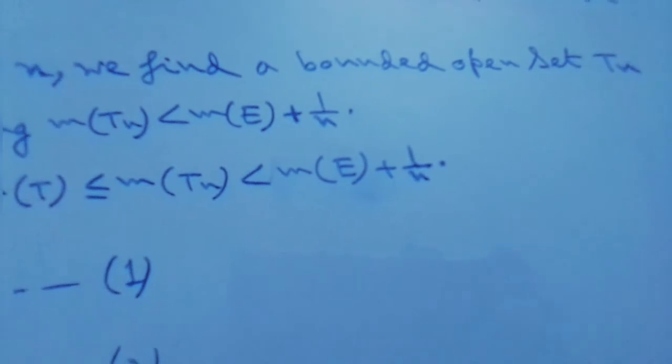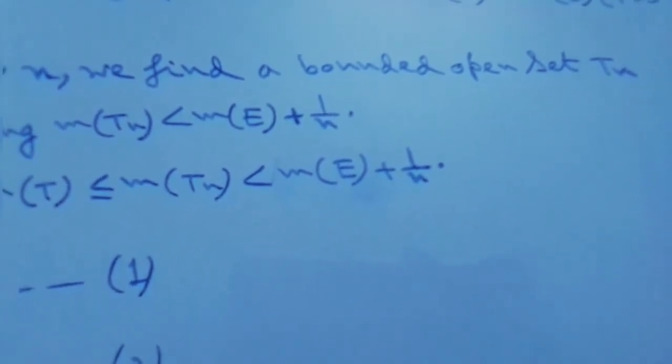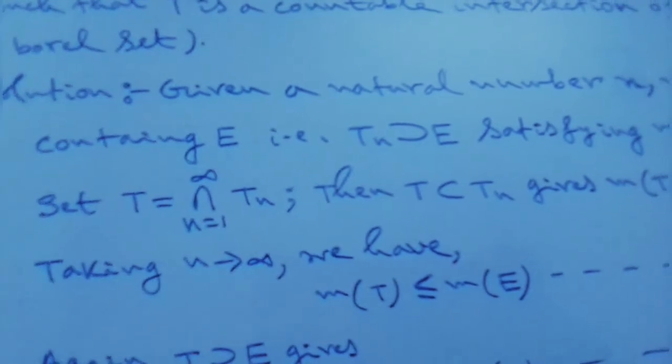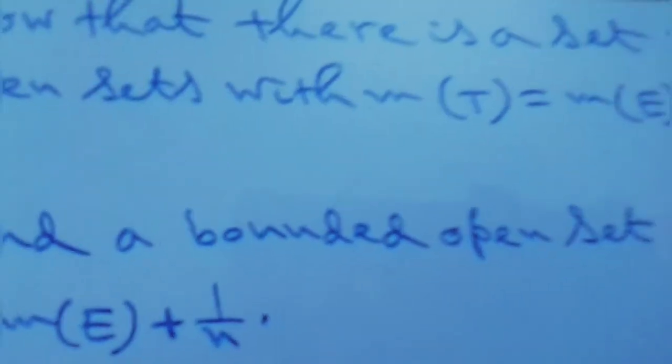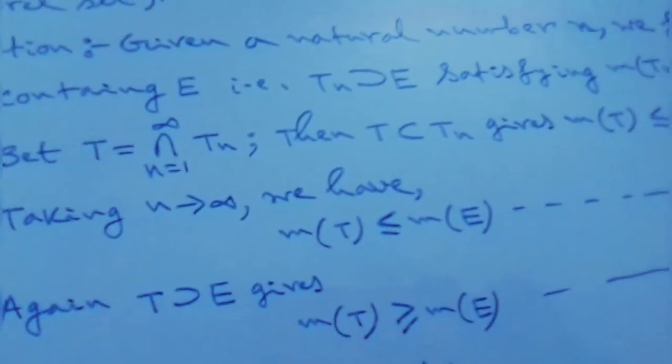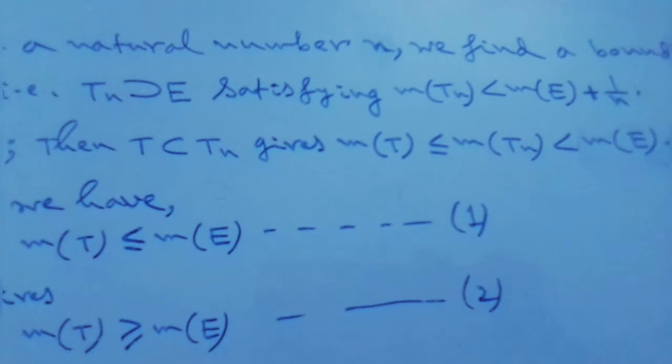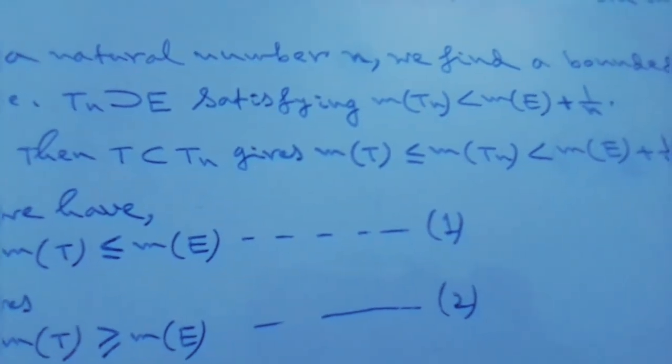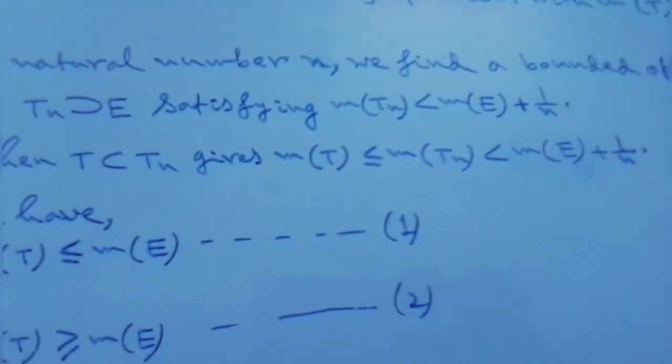As T is a Borel type of set, we take Tn, which contains E, by the given definition that T contains E. That's why we took this Tn, containing E, and satisfying measure of Tn less than measure of E plus 1 by n.